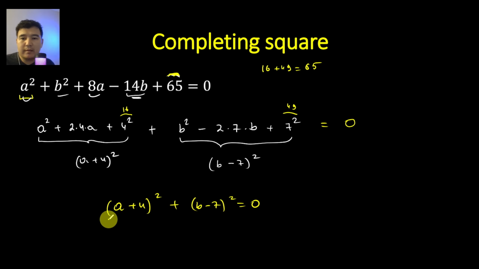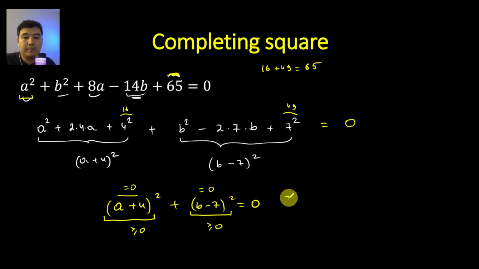Now if you look at these two terms of the equation, this is the square of something, and this is the square of something. A square of something is always greater than or equal to 0. If it's greater than 0, the sum is going to be greater than 0, but the equation says that it has to be equal to 0. So we can't make it greater than 0, and we need to make it equal to 0.